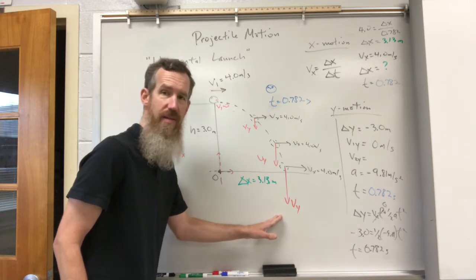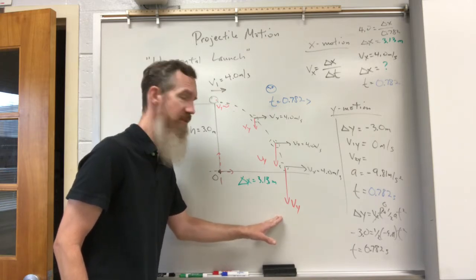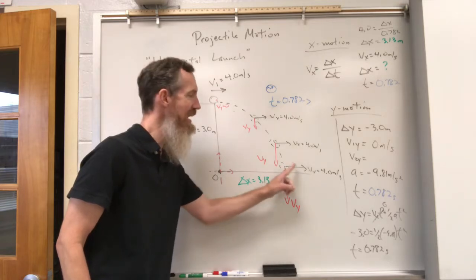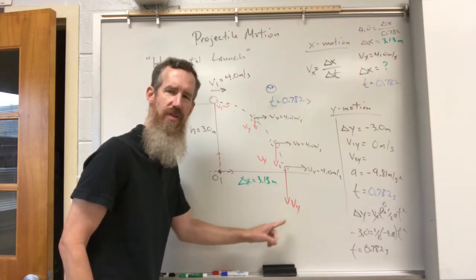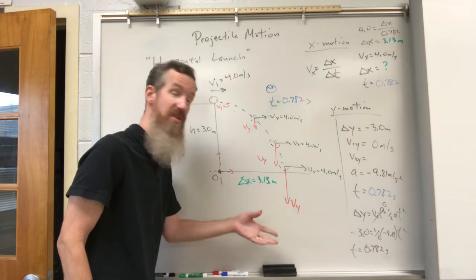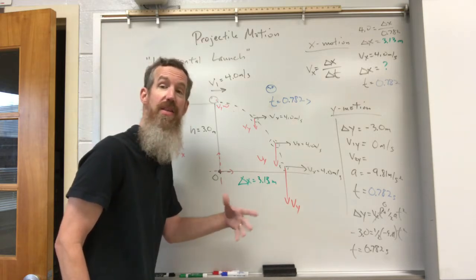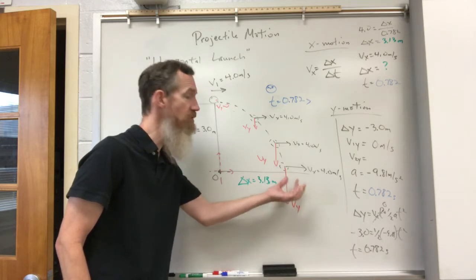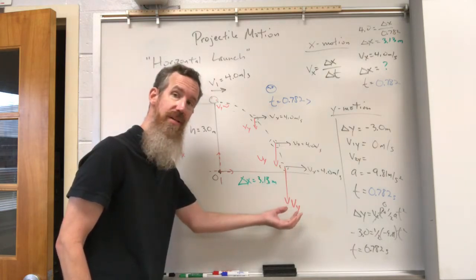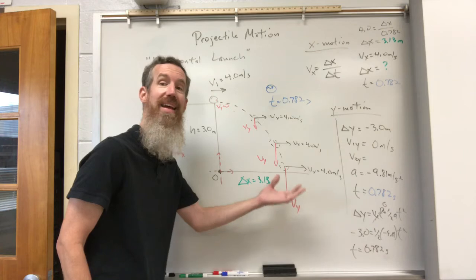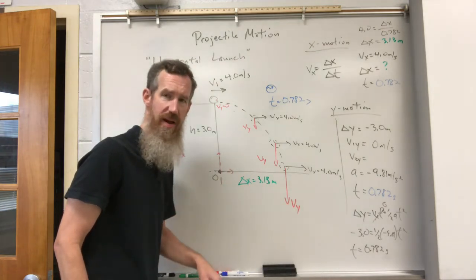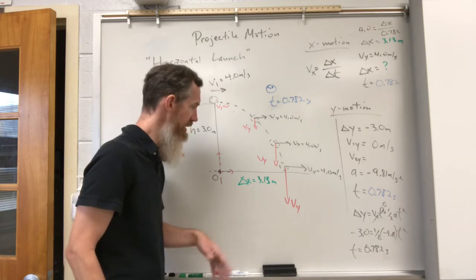And neither of those actually answers the question, because the question is, what is the velocity right before it hits the ground, which would be the combination of these two motions, which is a vector analysis. You need to find the resultant velocity of these two components, and of course that includes finding an angle at which that object is about to hit the ground. And so we're going to do that now.